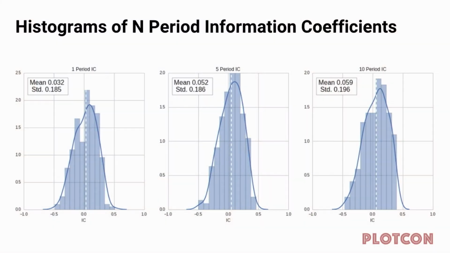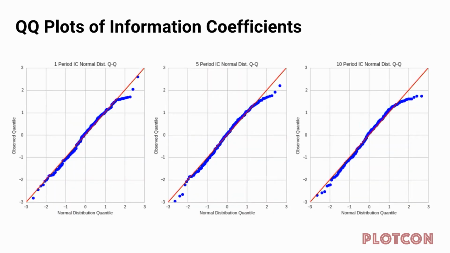Here we're looking at the 1, 5, and 10-day forward information coefficients as a distribution. That's pretty noisy, but now you're asking whether the mean is positive and larger than the standard deviation. Not really in this case, so you can see how noisy it is. And here's a QQ plot of those information coefficients; you'd like to see more of an S-curve if possible.